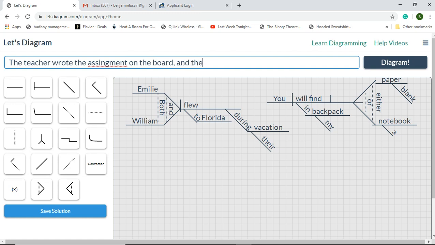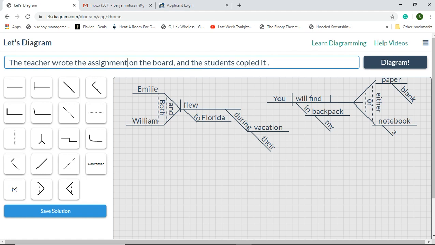And the students copied it. Alright, so this we have, and I spelled assignment wrong apparently. Okay. We have compound sentences. This is a compound sentence. Okay.